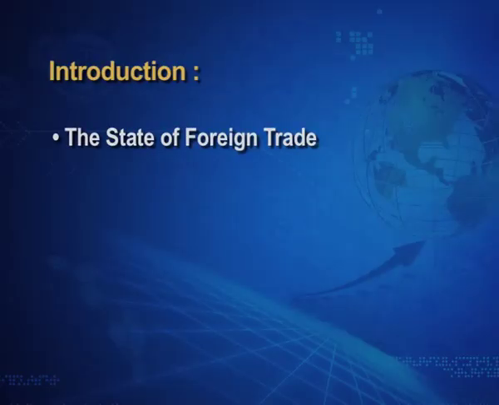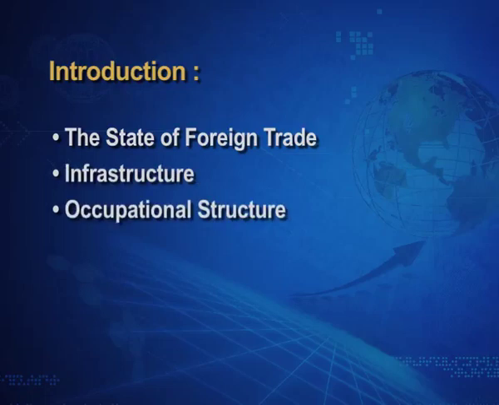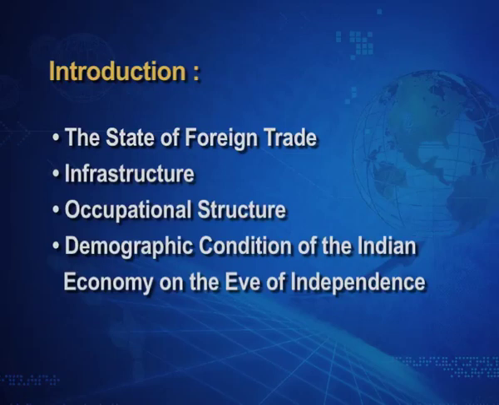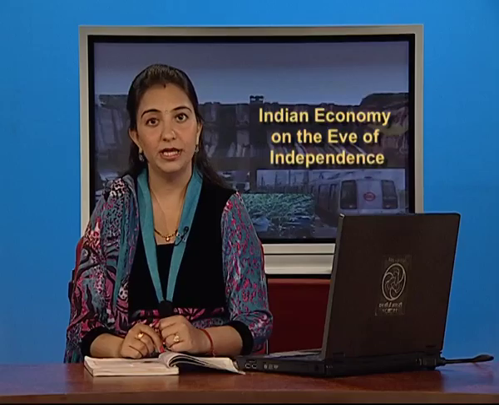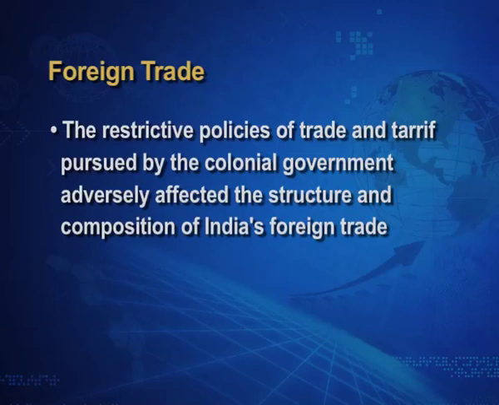Now we would discuss the state of foreign trade, infrastructure, occupational structure, and demographic condition of the Indian economy on the eve of independence. The restrictive policies of trade and tariff pursued by the colonial government adversely affected the structure and composition of India's foreign trade.